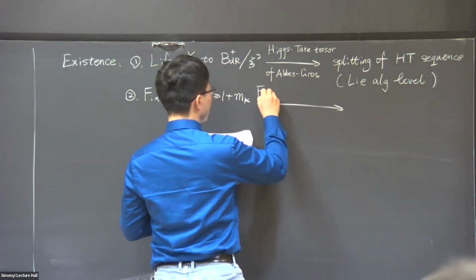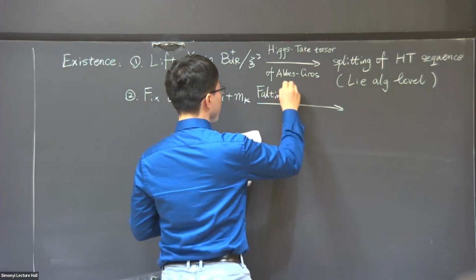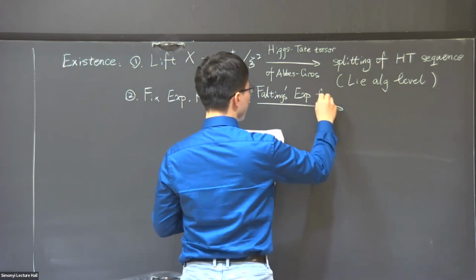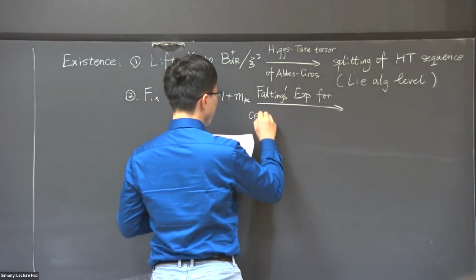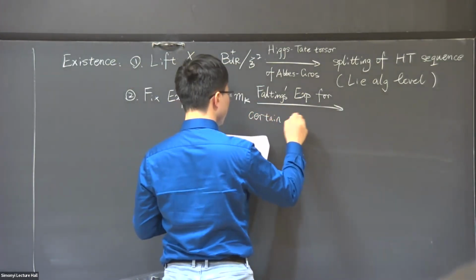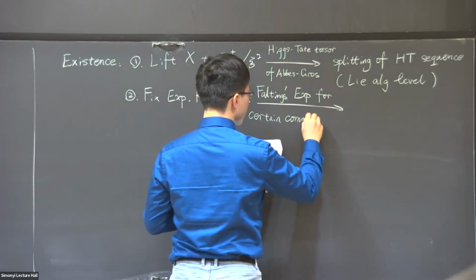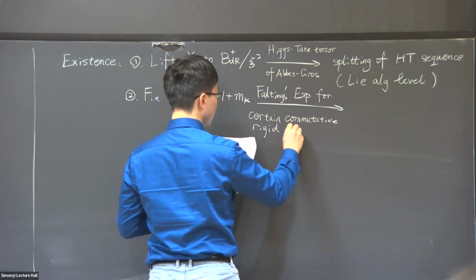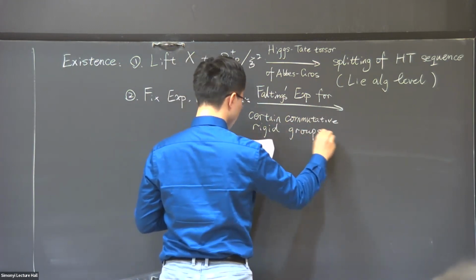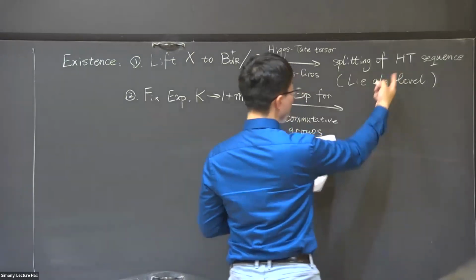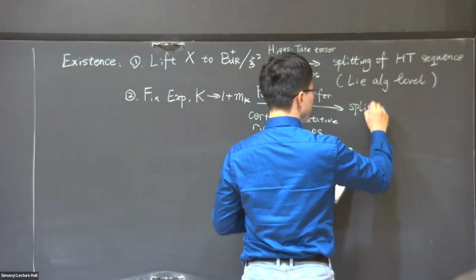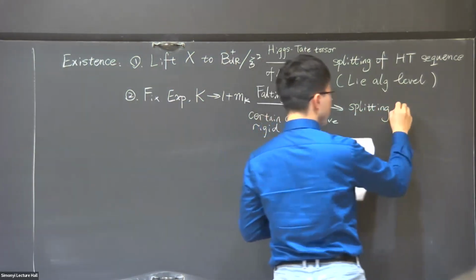Then a theorem of Artin's says that once you have this choice of exponential, then you can have a similar exponential for a class of certain commutative rigid groups. Then, combined with this splitting on the Lie algebra level, we get a splitting of the multiplicative Hodge sequence.